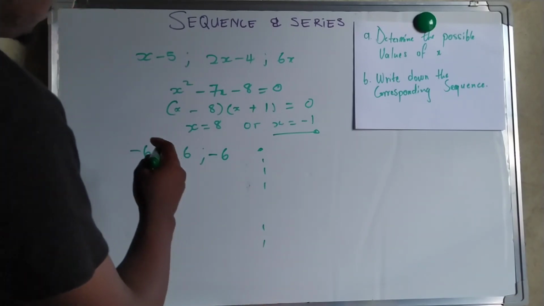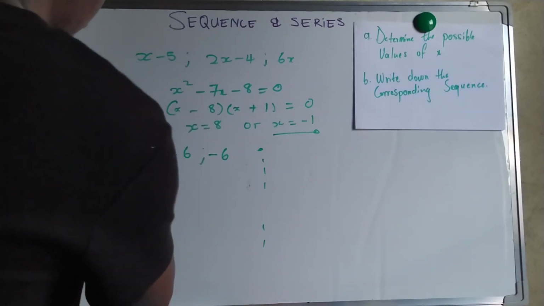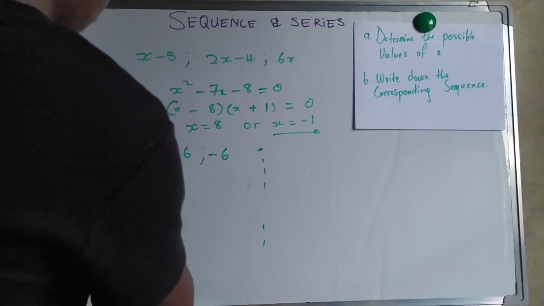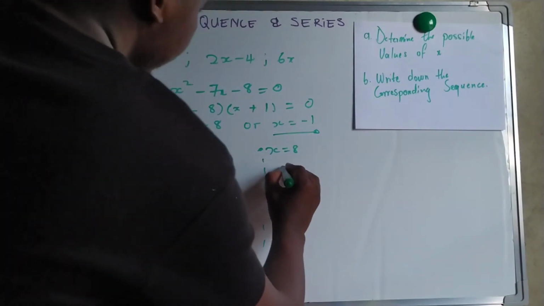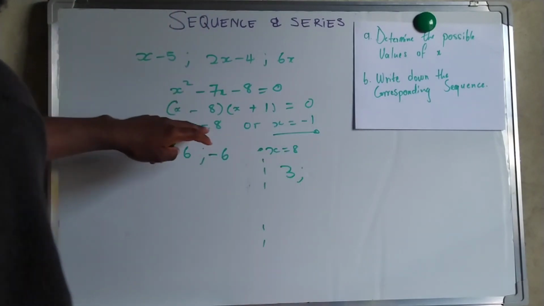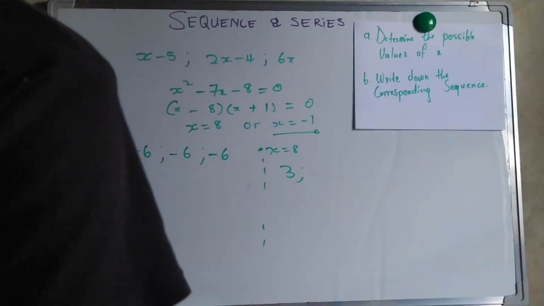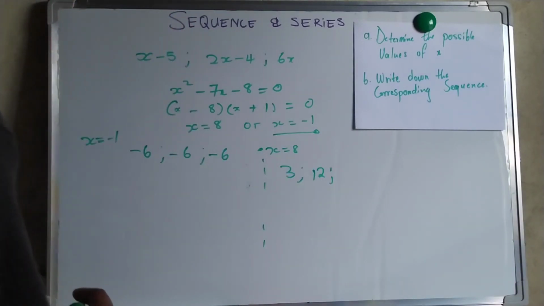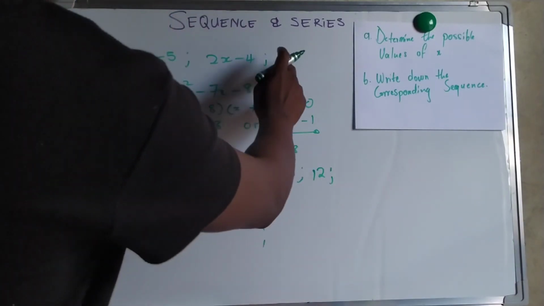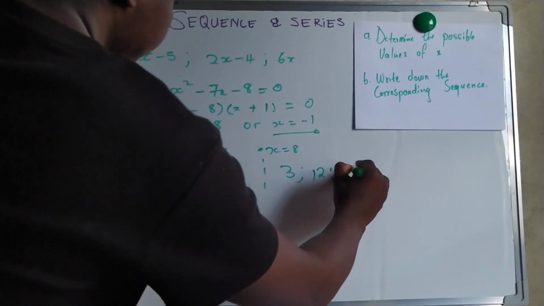And this is for x equal to -1. So using x equal to 8, we're going to have what? 8 minus 5, which is equal to 3. Here we're going to have 16 minus 4, which is equal to 12. And then we're going to have 6 times 8, which would be equal to 48.